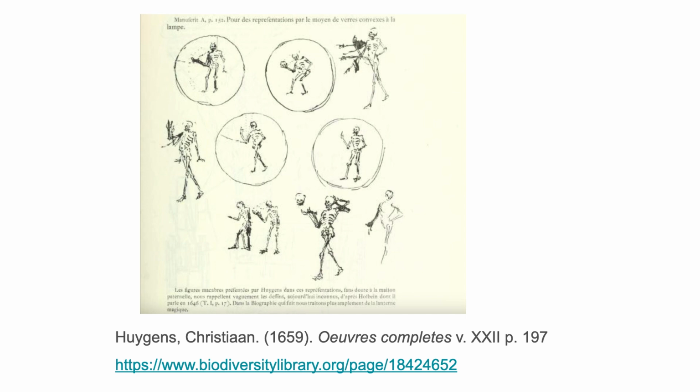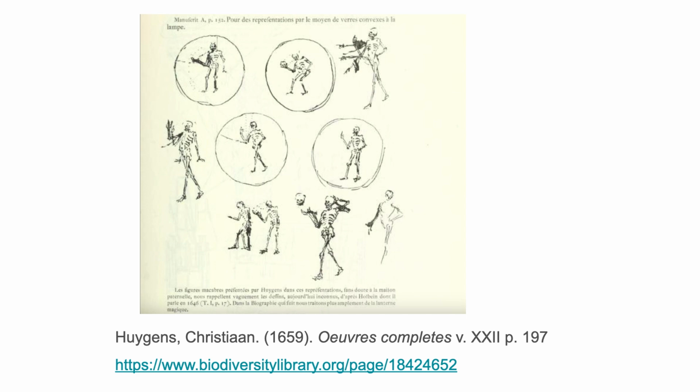And because one of my favorite things to do is to look for the very earliest instances of these, Christiaan Huygens, who's best associated with optics, also did some work on this very early, as I said, 17th century.